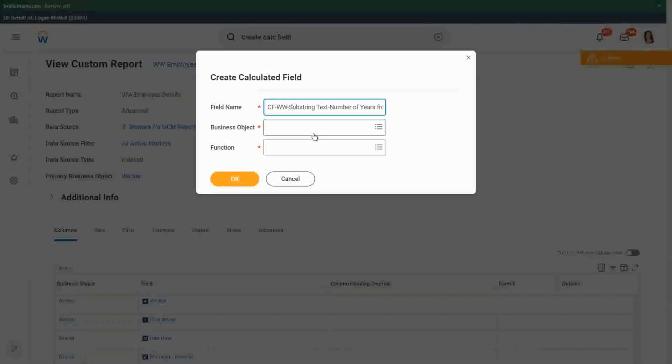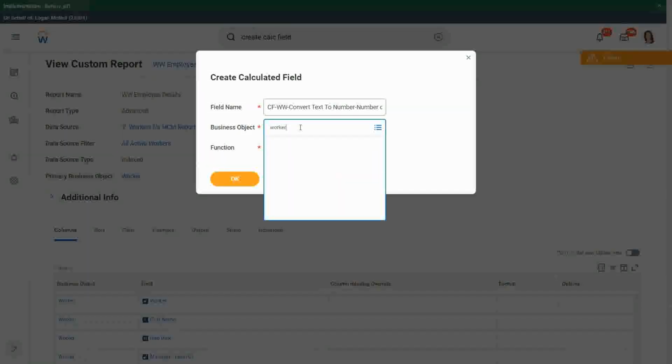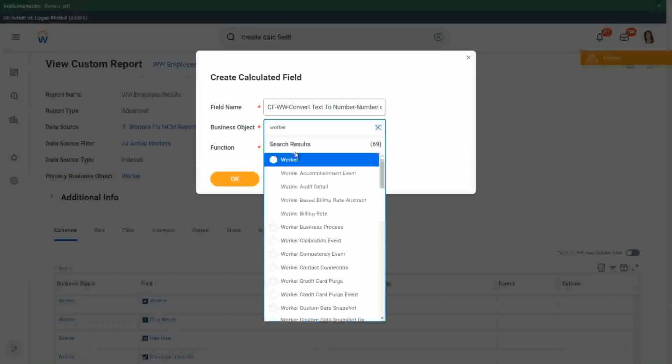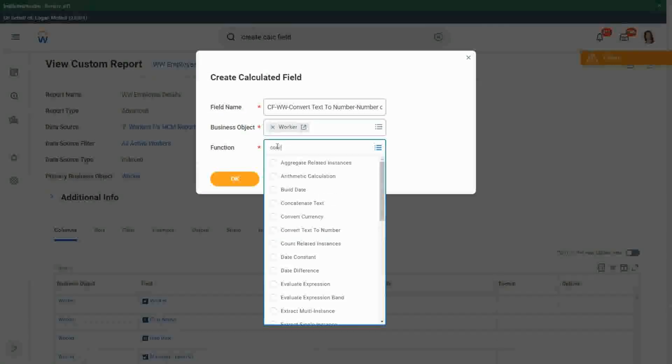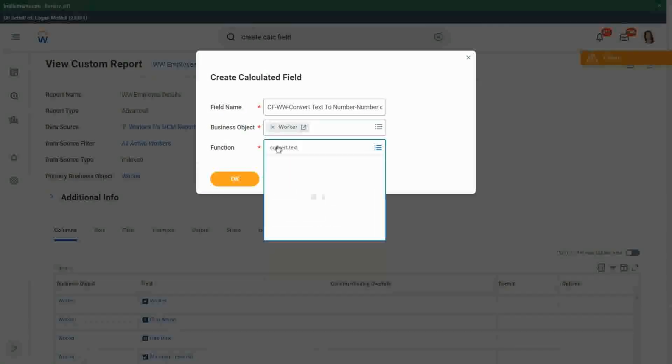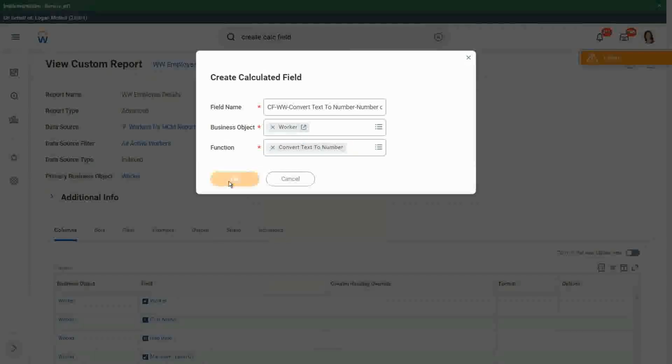And instead of substring text we are going to use convert text to number. Right. Business object is worker. And our function is convert text to number. Okay.